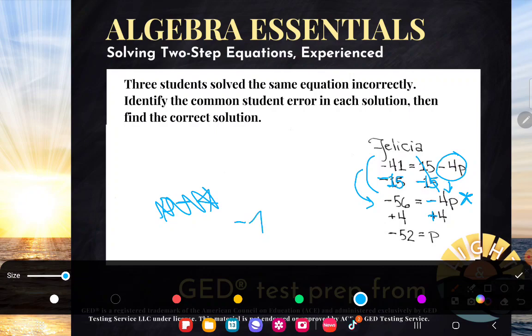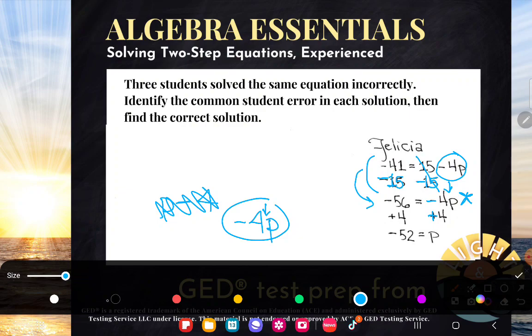But see how that negative 4 is shoved up against p with nothing between them? That says they're multiplying. And so even though negative 4 and positive 4 are opposite numbers, you didn't choose opposite operations. We move those numbers by choosing opposite operations. The opposite of multiplying by negative 4 is dividing by negative 4.